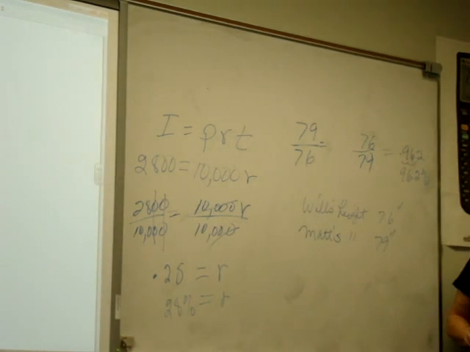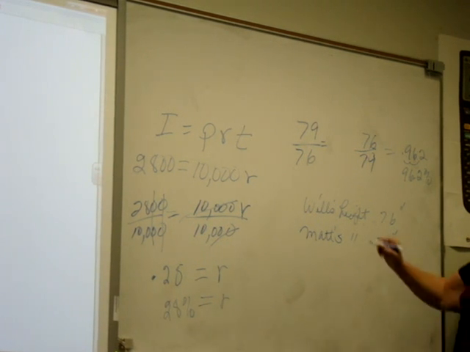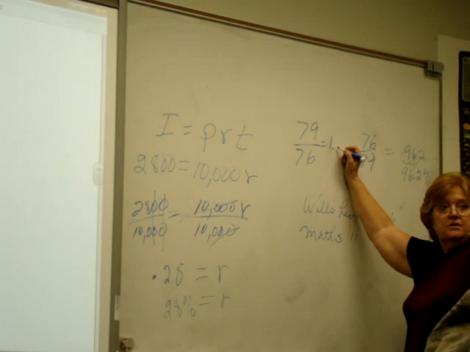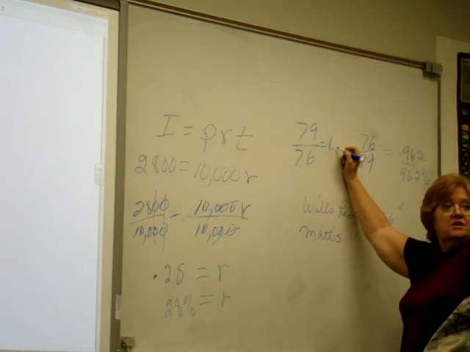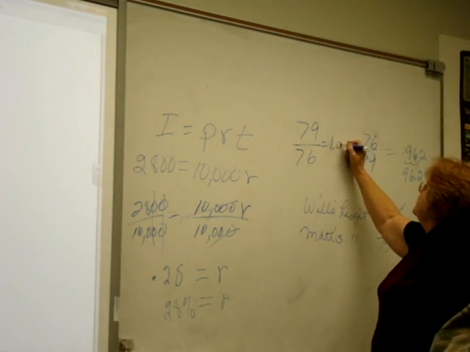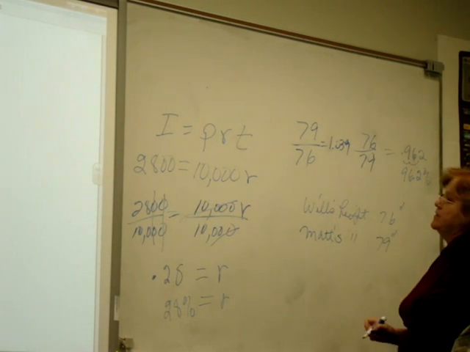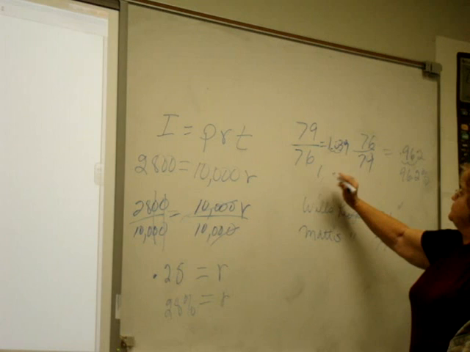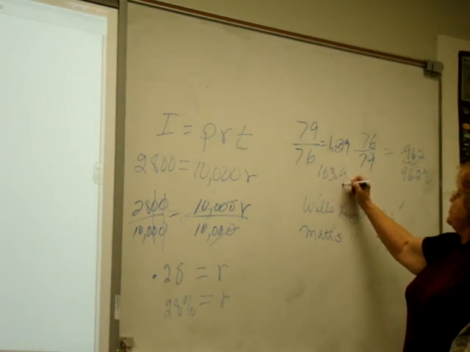When you divide that one, you get 1 point what? 0.39. Multiply that by 100 and you get 103.9%.